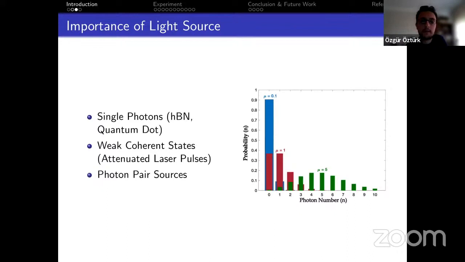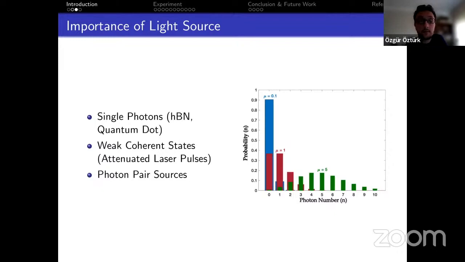So in this case, an eavesdropper can get in the middle and perform a photon number splitting attack. If in a single pulse there is more than one photon present, the eavesdropper can measure the signals and send them to Bob.